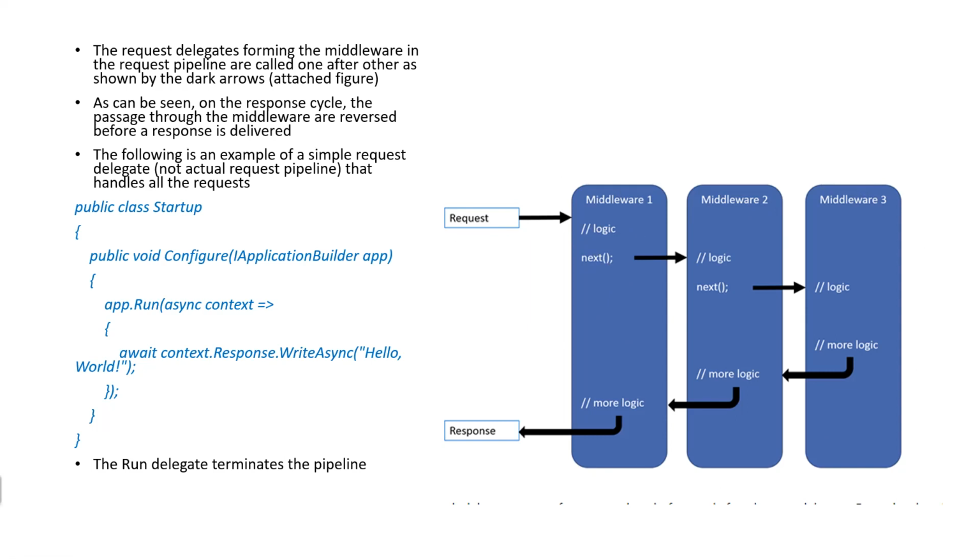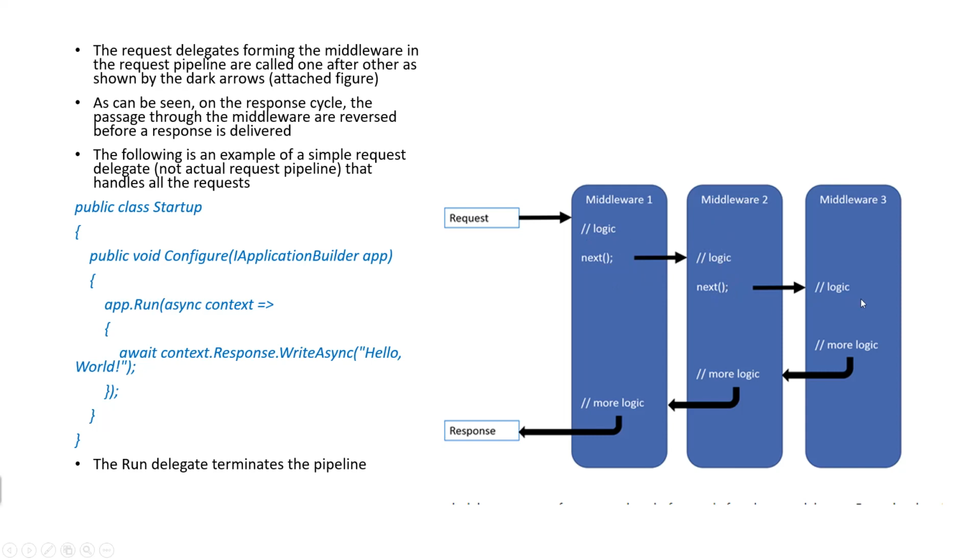In essence this is a request delegate, and delegates are anonymous functions or anonymous methods. There is a next parameter which sends this request onwards to the next middleware, and the logic in these two middlewares is executed before it travels to the third middleware.